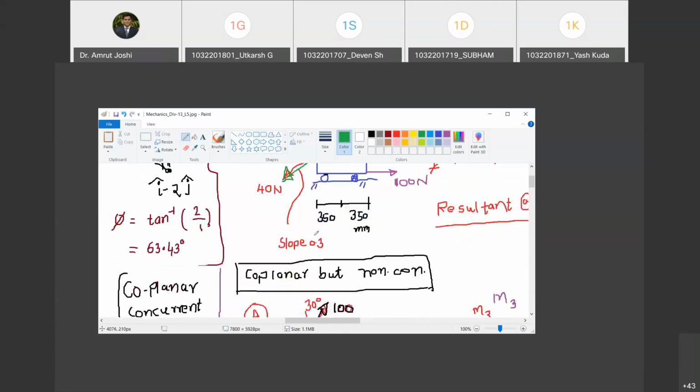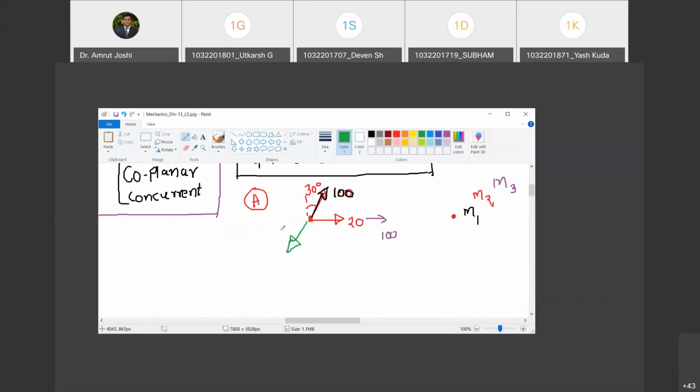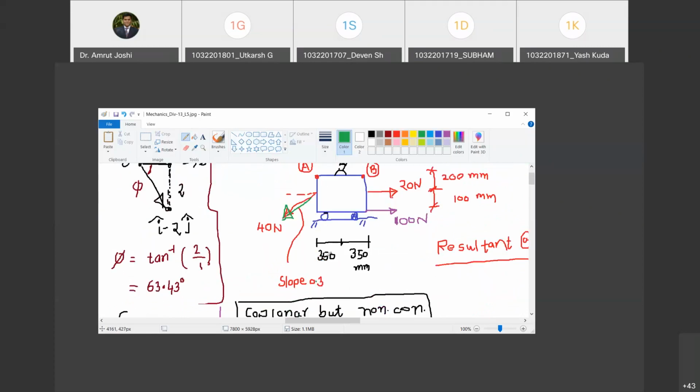And the slope of this line is given as 0.3. If the slope of the line is given as 0.3, what will be this angle theta? Tan theta is 0.3, given. Do you agree with me? Tan theta is nothing but the slope of the line. So tan theta is 0.3.